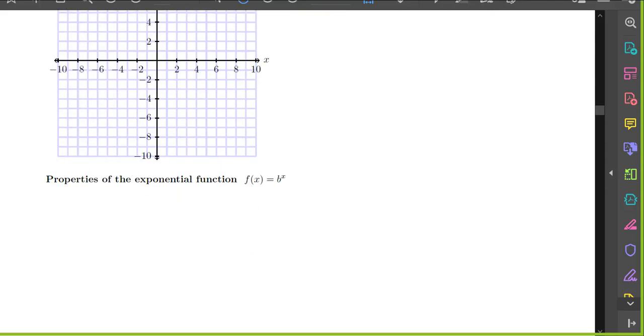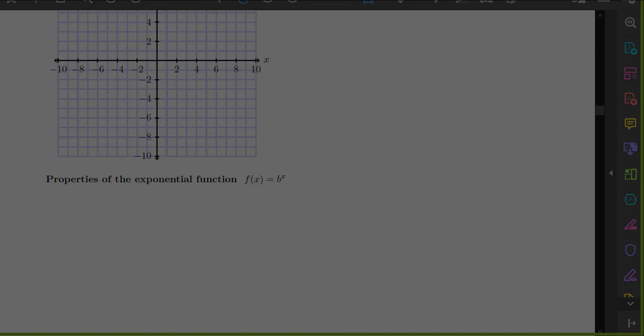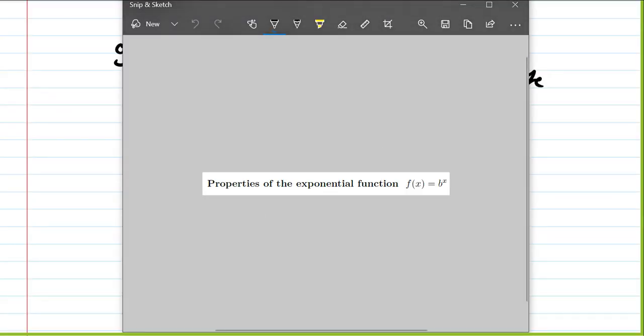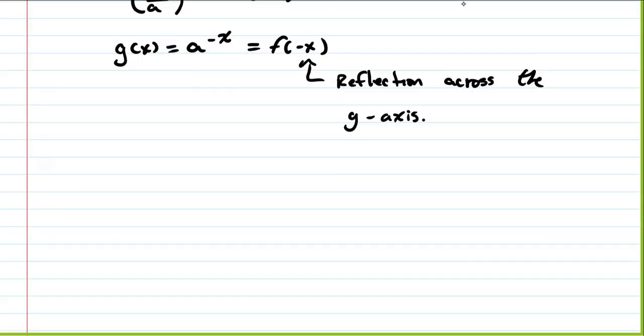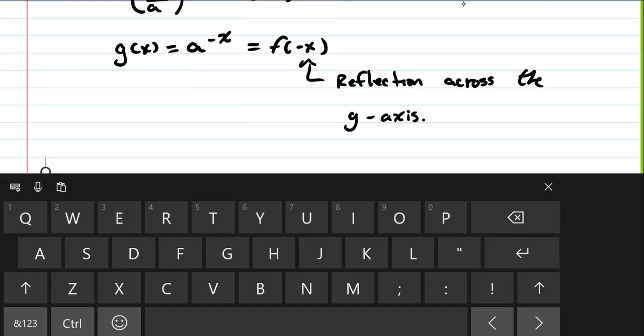So what we're going to do now is just make a laundry list of facts, things that are true about the exponential growth function.